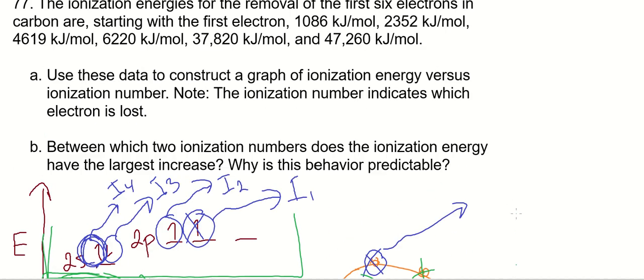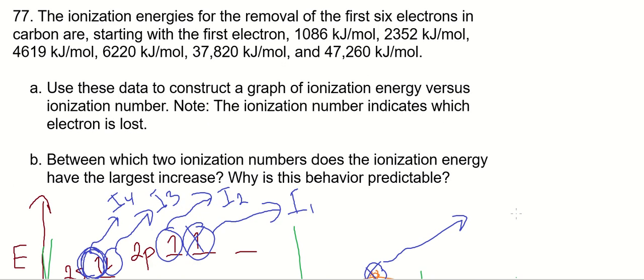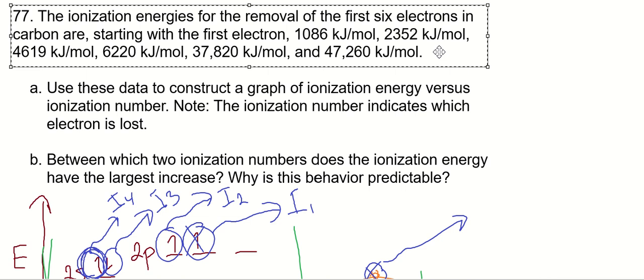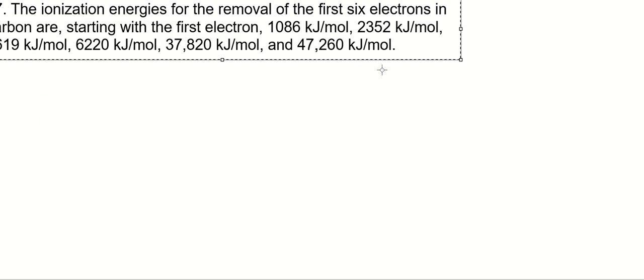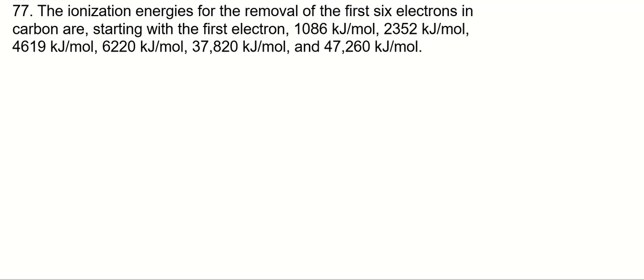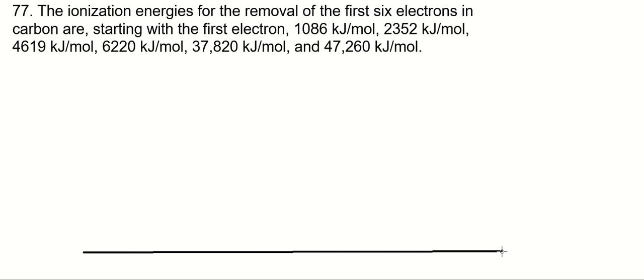So let's graph these and see. Let me copy these numbers over again. All right, get a little X and Y going on here. These are all going to be positive values. We've got to kind of eyeball it here.